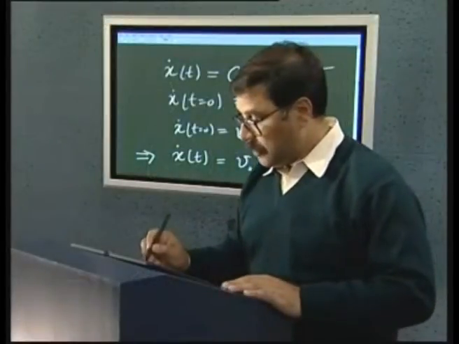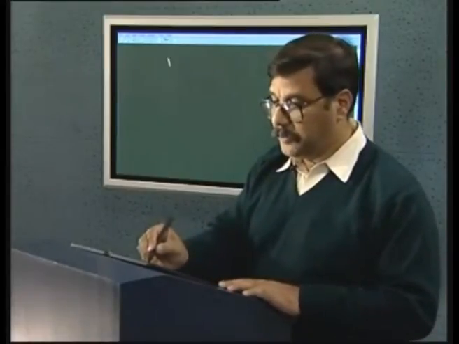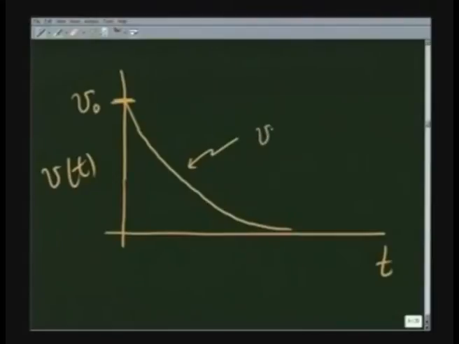Let us plot it and see how it looks. Initially the particle started moving with some speed v0. I am plotting v(t) versus t, and as time passes the velocity decreases exponentially. This curve is v0 e raised to minus k over m t.